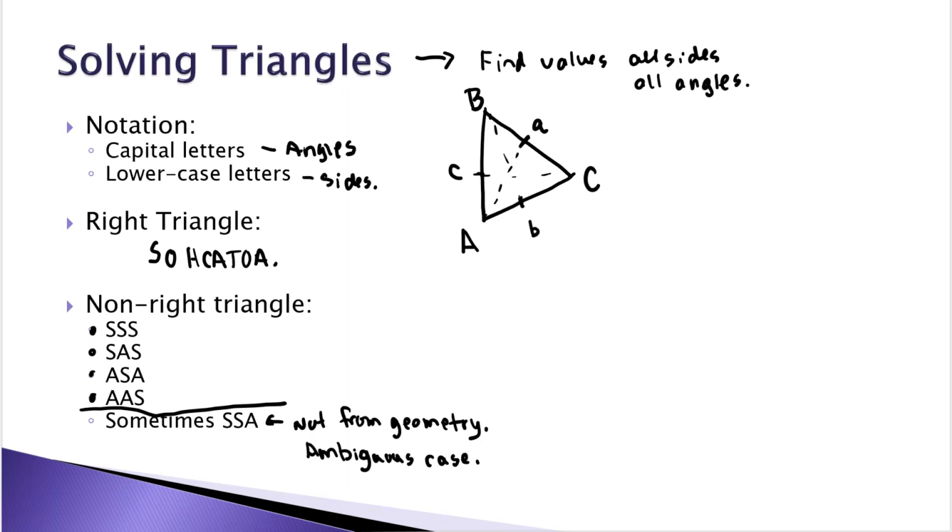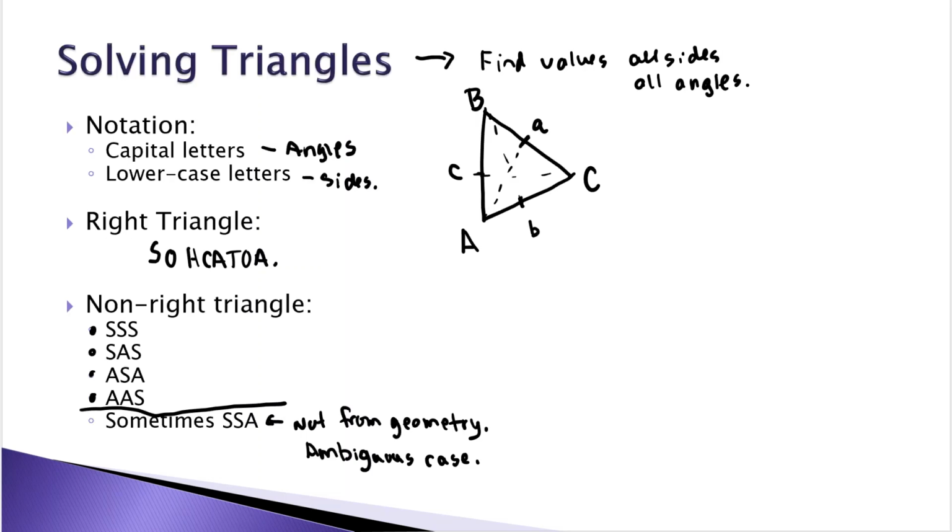And let's look at these theorems. We've got side, side, side; side, angle, side; angle, side, angle; angle, angle, side; and side, side, angle. Let me tell you what the law of sines says first.